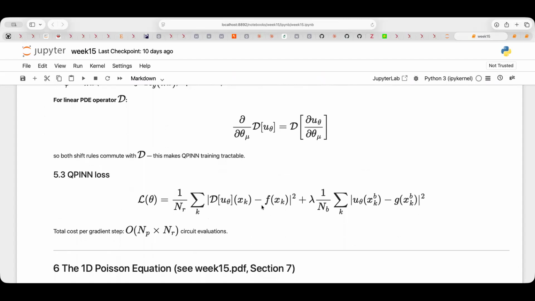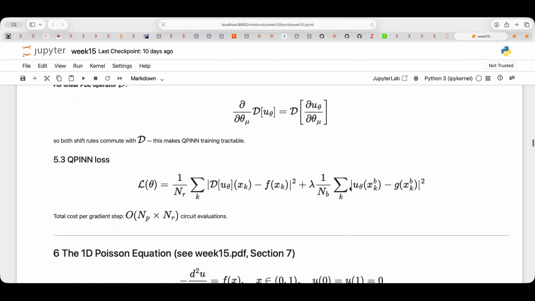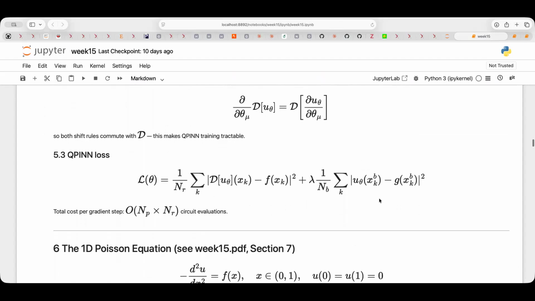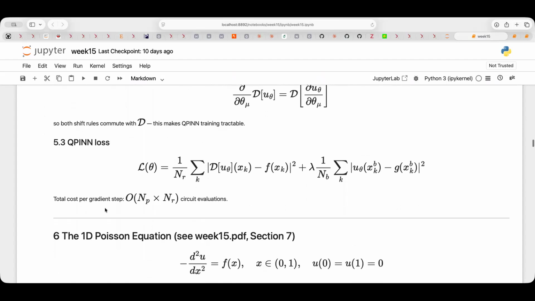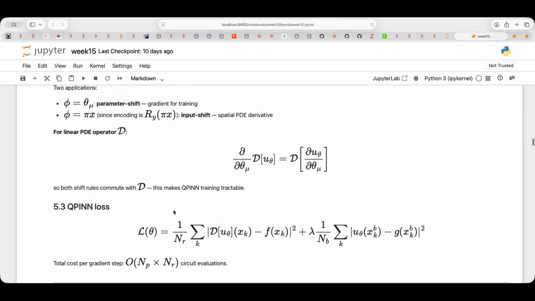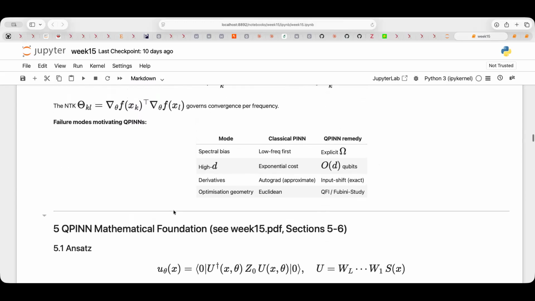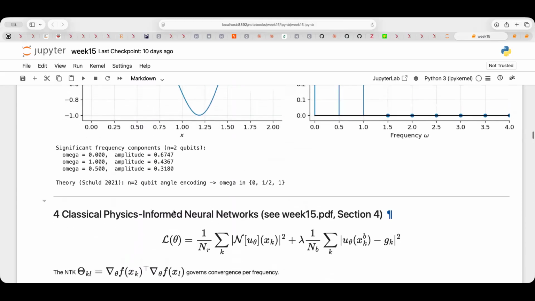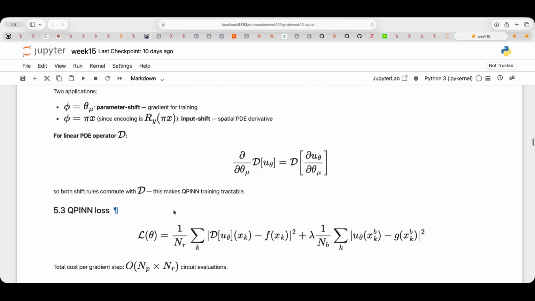So the QPINN loss function is given by the function here, as in the classical case. And the total cost per gradient step is actually given by the number of points which we are looking at. And the NP, I have to remind myself what NP is actually. The number of points we're dealing with, sorry.